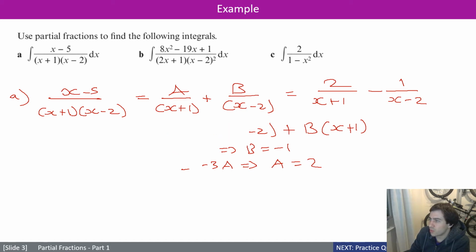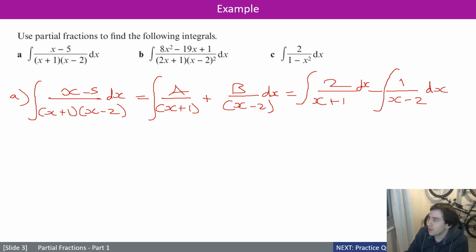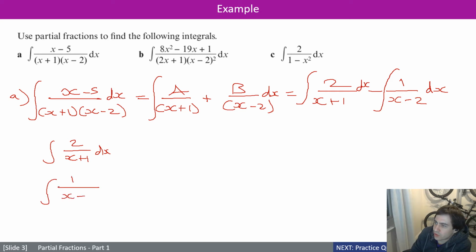And then the second step was we're going to apply the integral operator separately to each of these fractions, right? So on the left hand side, I'm trying to find this integral, which I can convert into 2 individual integrals, and in this case I'm just going to leave the minus sign in between them. So we now work them out separately. The integral of 2 over x plus 1 and the integral of 1 over x minus 2 with a minus in front.